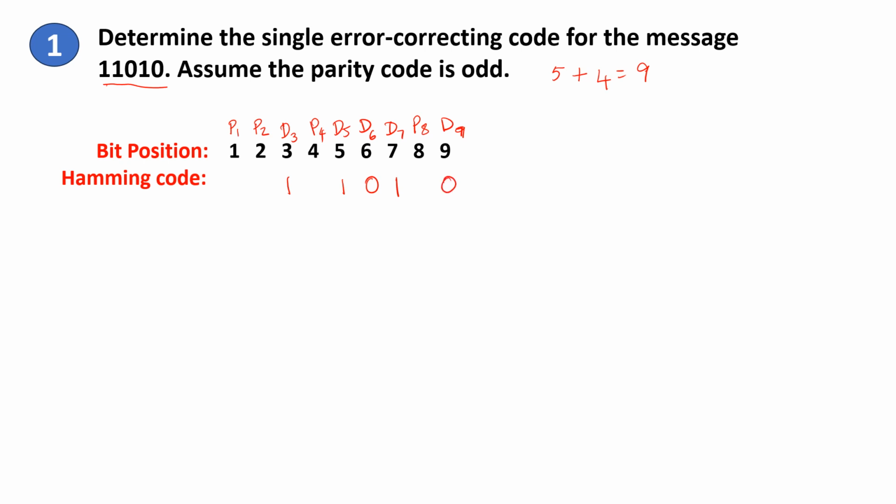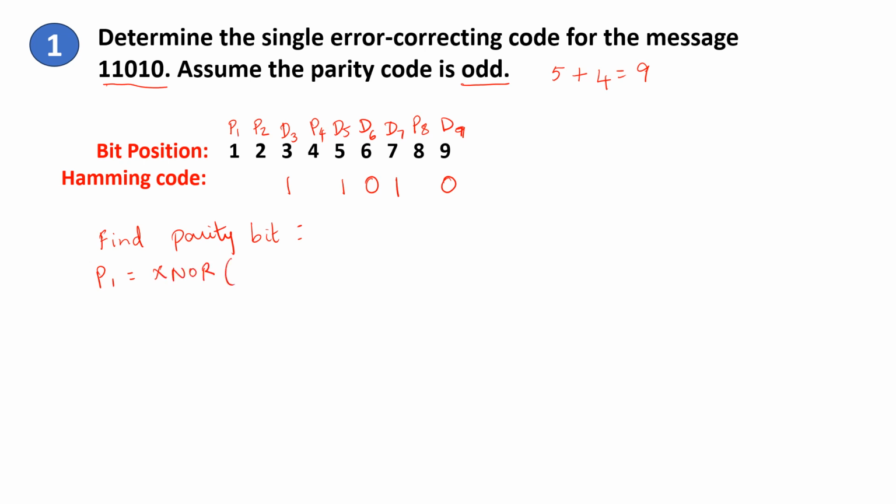So now we have to find the parity. P1, P2, P4 and P8 we have to find. So to find the parity bit, first is P1. P1 is equal to, since the parity code we are using is odd, we use the XNOR operation.